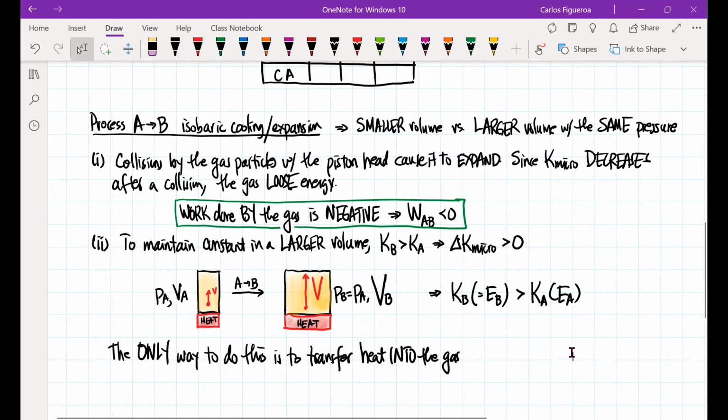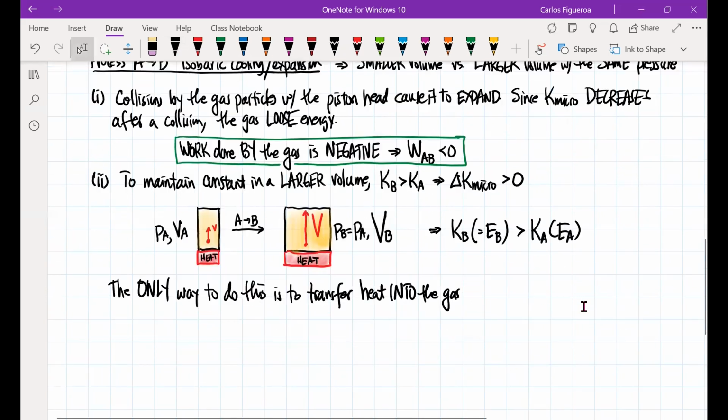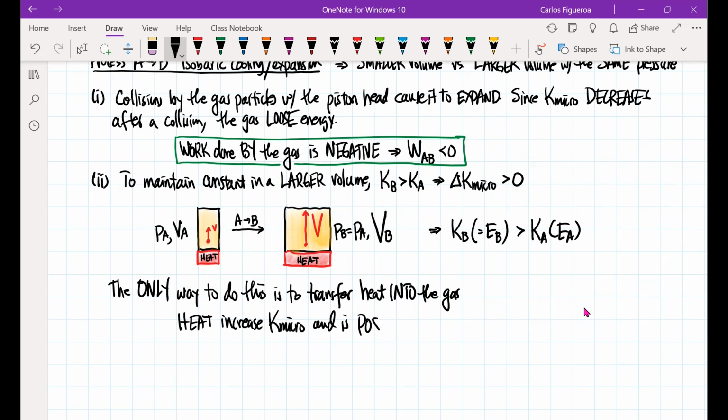So then that means that because it increases, we could say that the heat increases K micro, and the change in K micro is positive.